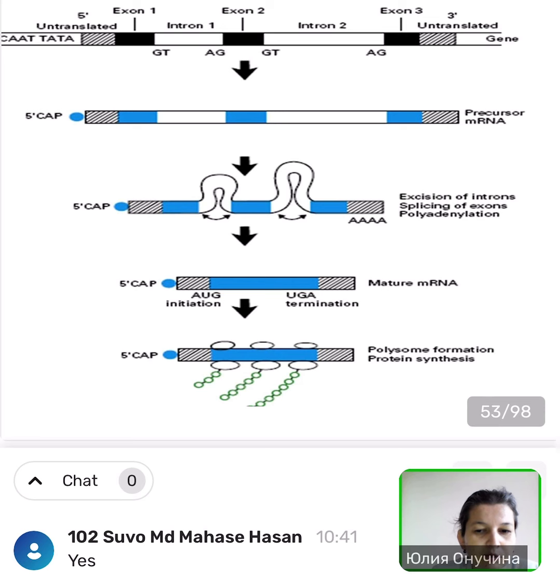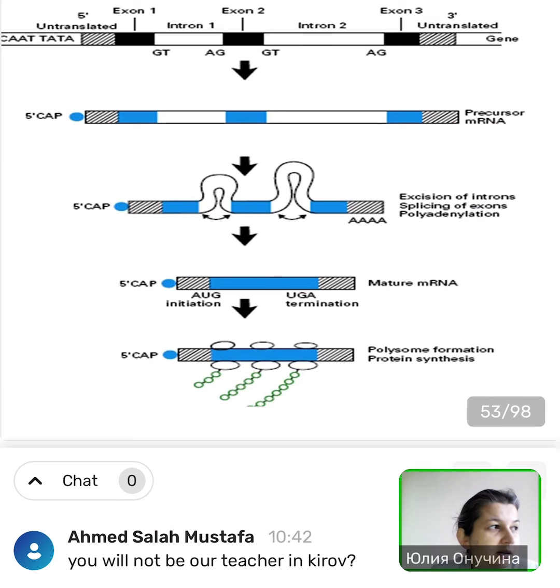So for removing, in our nucleus, there are complex structures that we call spliceosome.